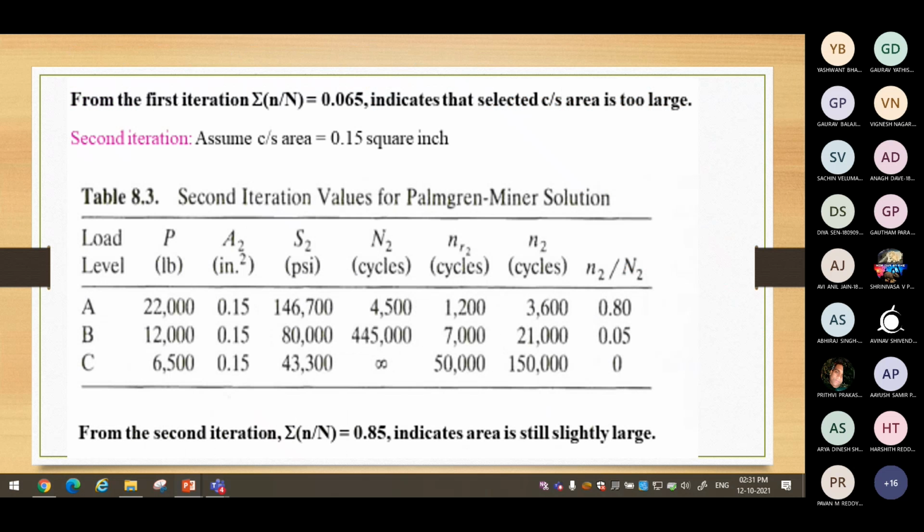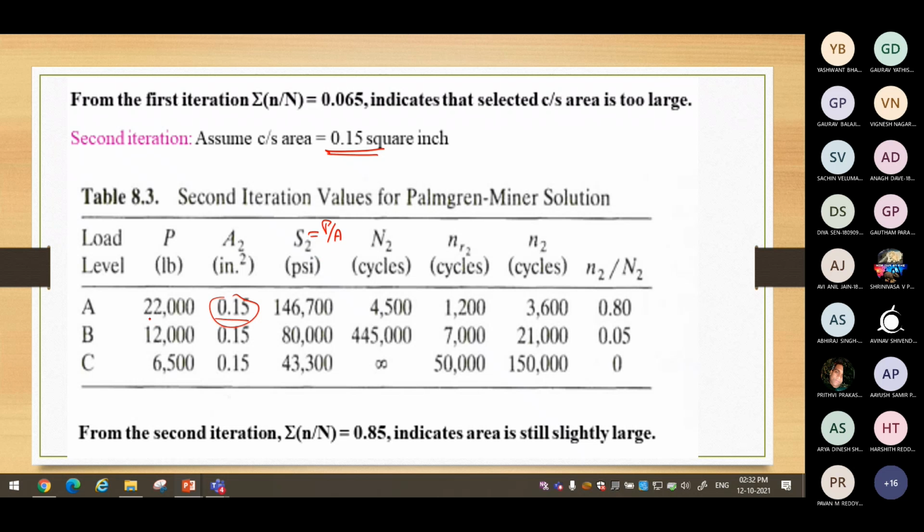In the present problem, I think in the next iteration 0.15 square inch is considered. So now consider 0.15 square inch, with the same procedure. There is no change in the procedure. Just repeat it. Now when you change the area, the corresponding stress is different: load upon area.